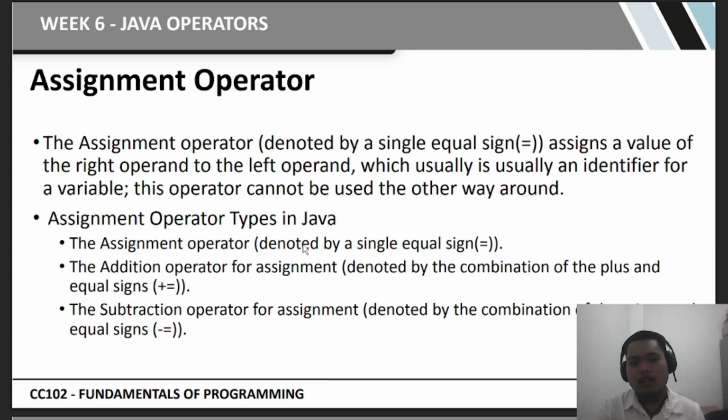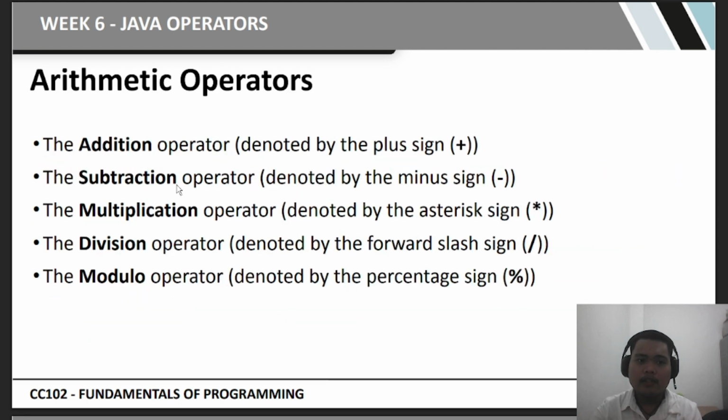First is the assignment operator, denoted by a single equal sign. The addition operator for assignment, denoted by the combination of the plus and equal sign. The subtraction operator for assignment, denoted by the combination of minus and equal sign, as well as the other arithmetic operators, denoted by the asterisk sign, forward slash sign, and percentage sign, representing multiplication, division, and modulo.